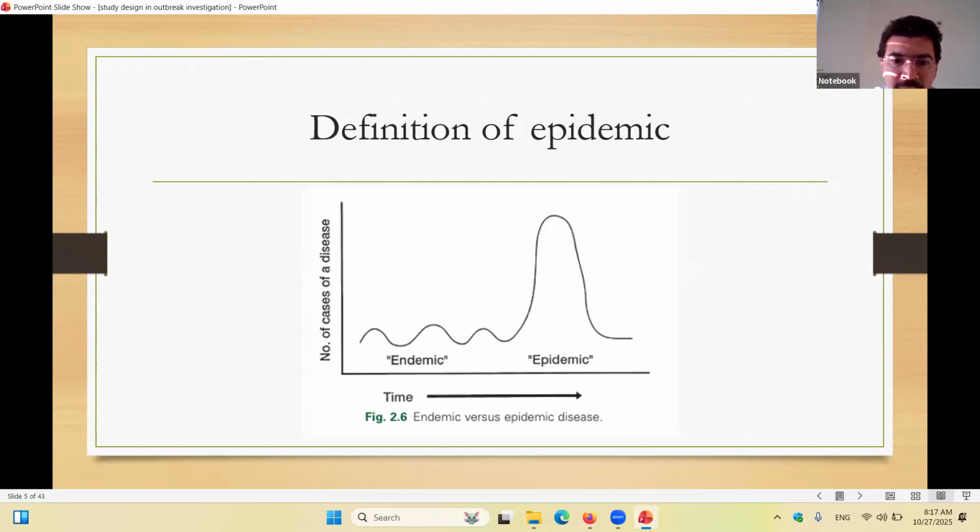For example, as you see in the figure, at first we have endemic, which is limited to some places, and the observed cases are like the expected cases, and then the observed cases exceed the expected cases, and we have epidemic. So this is the definition of epidemic.